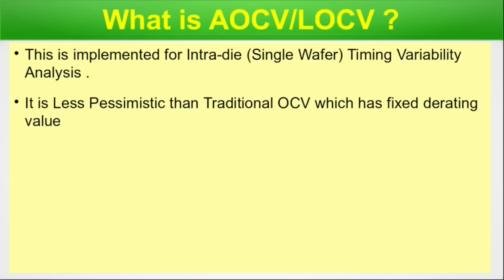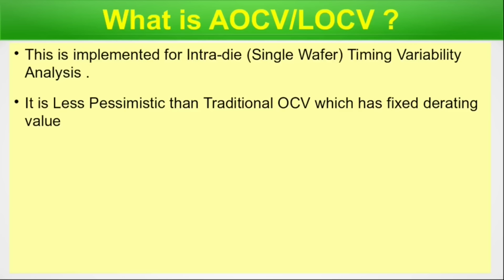So in actual practice, when there is a wafer and the process through which the semiconductor chip is made, all those process variations happen in various parts of a single wafer itself. If you traverse from one end to the other end of a single wafer, there may be a difference. The difference can be found even for a single process step. So how can the effect be the same or very pessimistic?